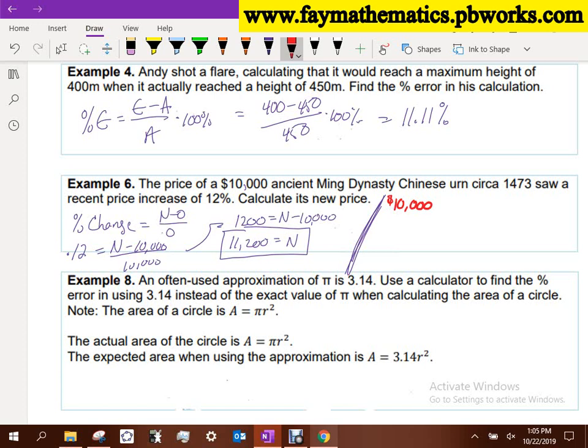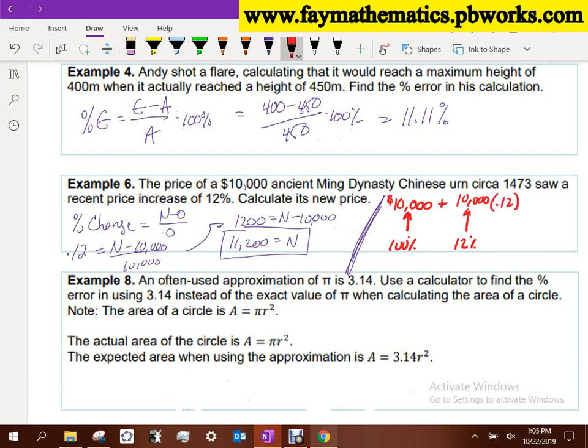Does that make sense? So here, if I want to buy this urn after the 12% increase, I know I'm going to pay 100% of that $10,000. But on top of that, I'm going to pay another 12% of that $10,000. Does that make sense? Well, the way I find 12% of $10,000 is I multiply that $10,000 by 0.12.